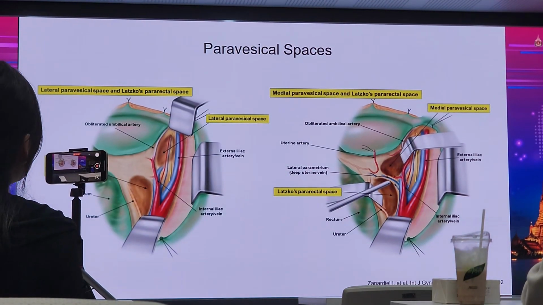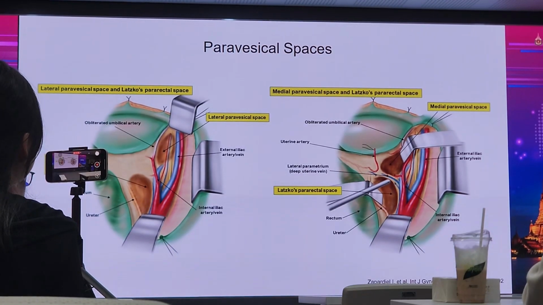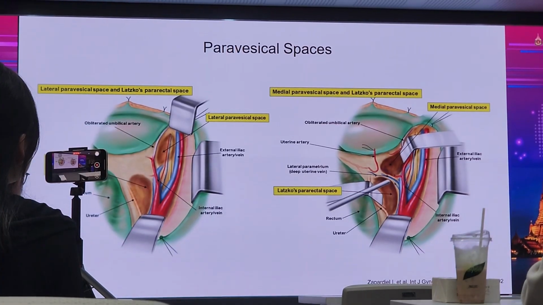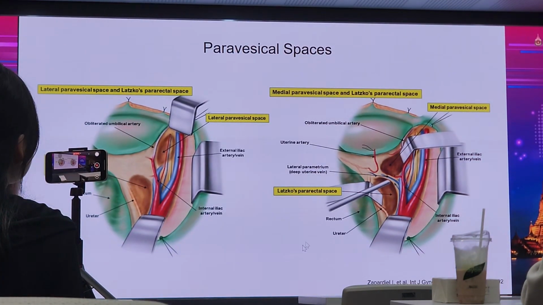But actually there's not a single paravesical space. There are lateral paravesical spaces and medial paravesical spaces.